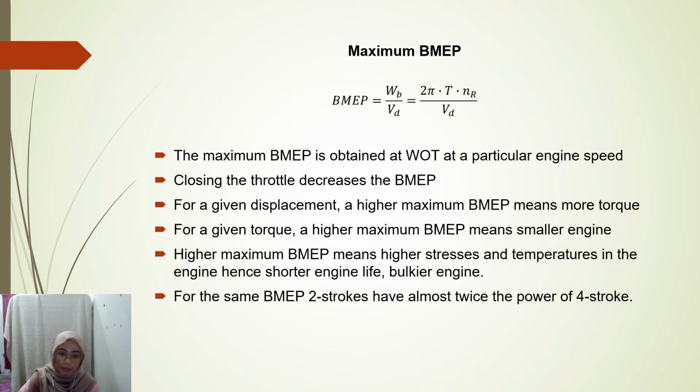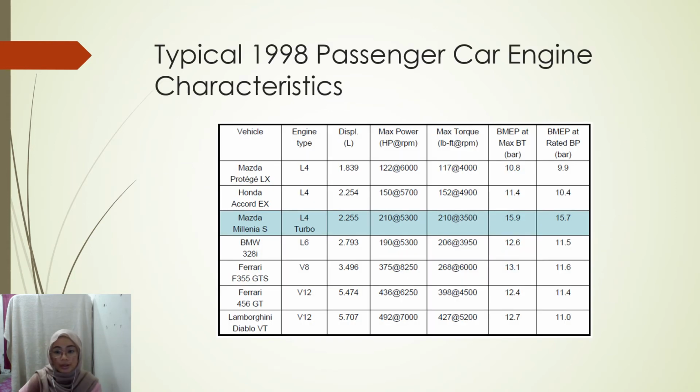Higher maximum BMEP means higher stresses and temperatures in the engine, hence shorter engine life, bulkier engine. For the same BMEP, two-strokes have almost twice the power of four-stroke. So in this slide, you can see the typical 1998 passenger car engine characteristics in the table below.